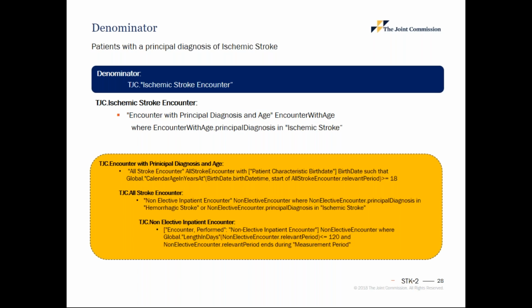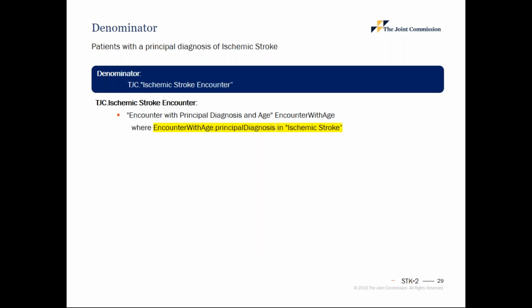We, in effect, carry through all the definitions from the initial population into the denominator, as it's denoted here in that yellow text box. And like before, an alias is given, encounter with age, and we add a new parameter to meet the next population criteria, where we narrow the scope to only a principal diagnosis of ischemic stroke.